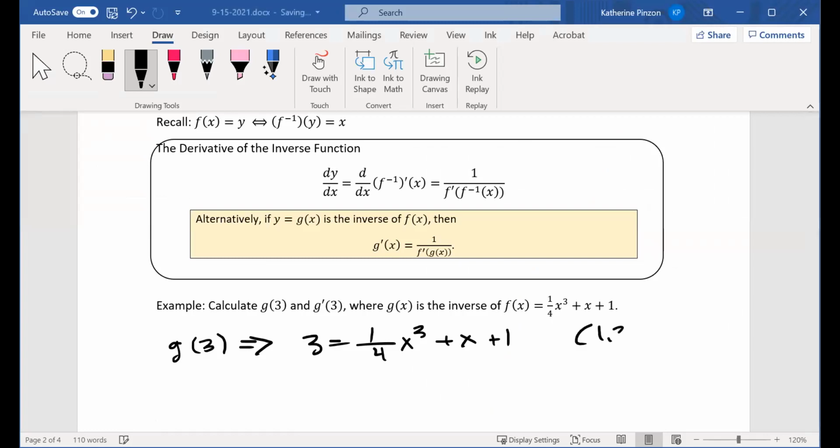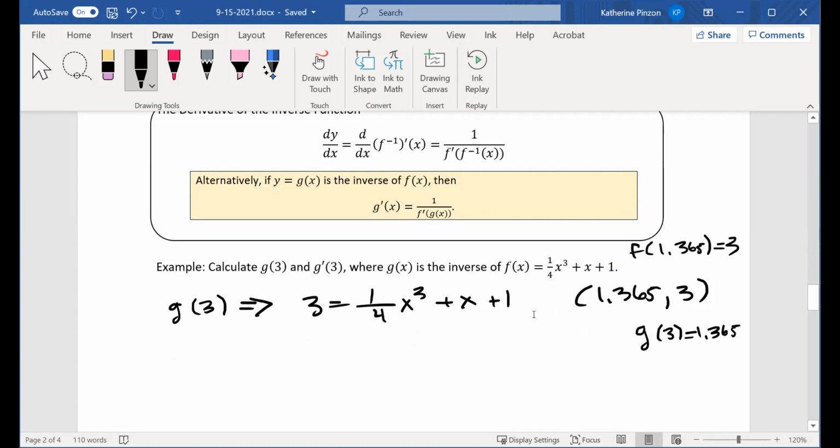This point is 1.365, comma 3. That means if x is 1.365, f of x is 3, so g of 3 is 1.365. Because they're inverses, they just undo. They flip-flop the x's and the y's.